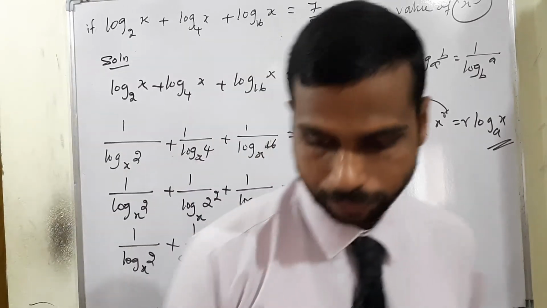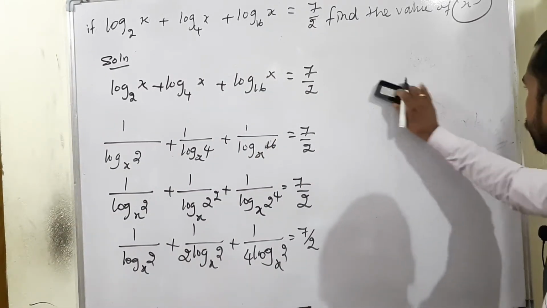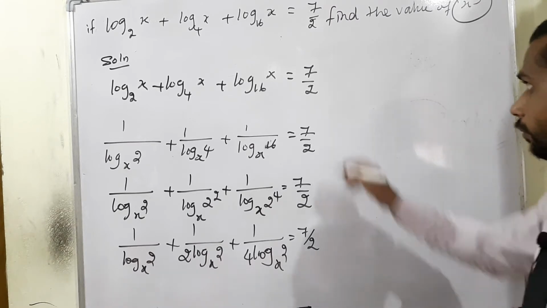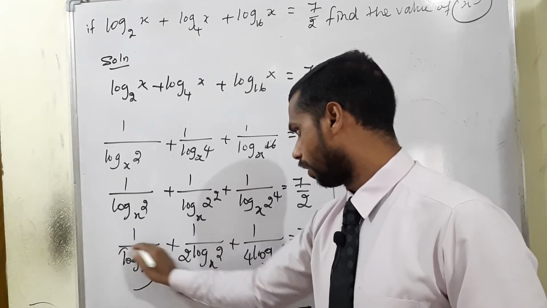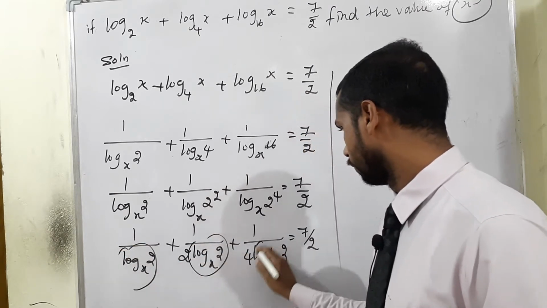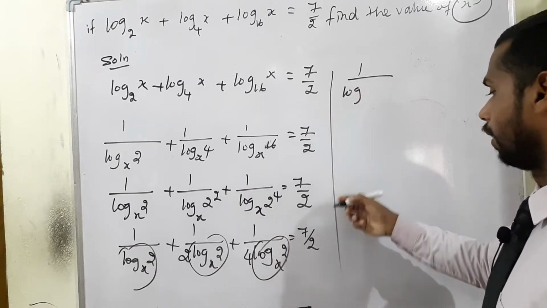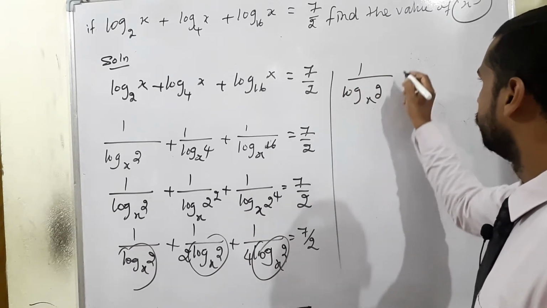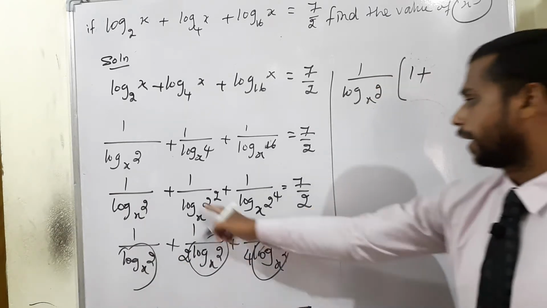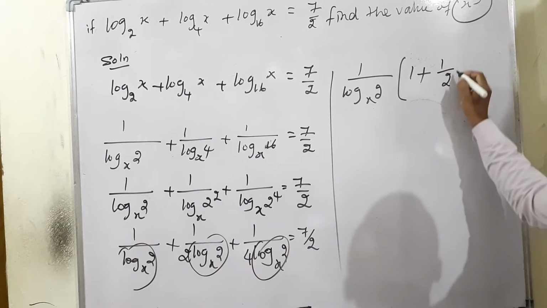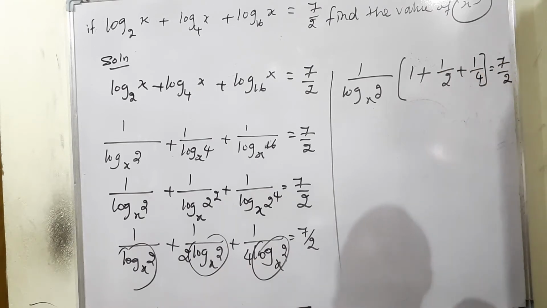So next step, look at the denominators: each and every part has log 2 base x common. So take it common outside, 1 by log 2 base x, and inside we have 1 plus 1 by 2 plus 1 by 4 is equal to 7 by 2.